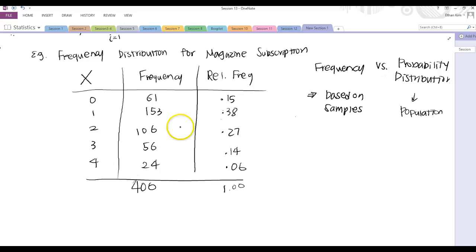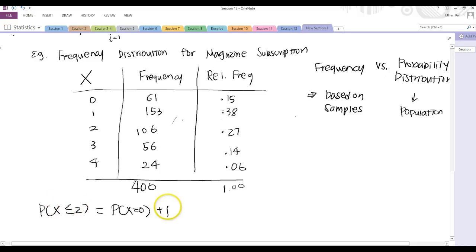So for random variable x, say we want to find the probability of x less than or equal to 2. Then you would have to add all the values up to 2. So this would be the probability of x equals 0 plus the probability of x equals 1 plus the probability of x equals 2.